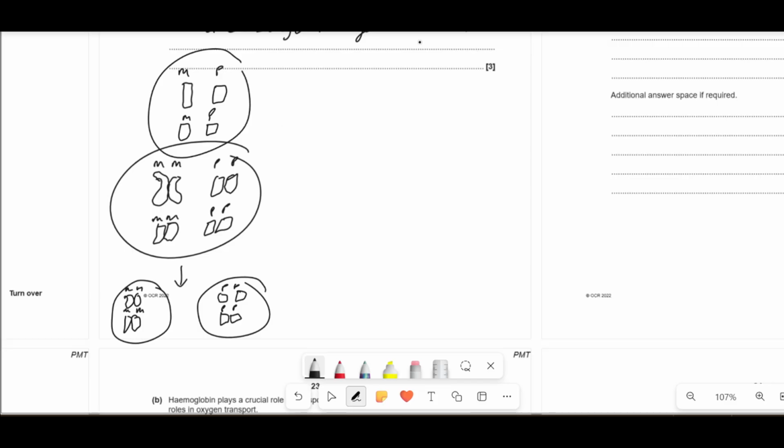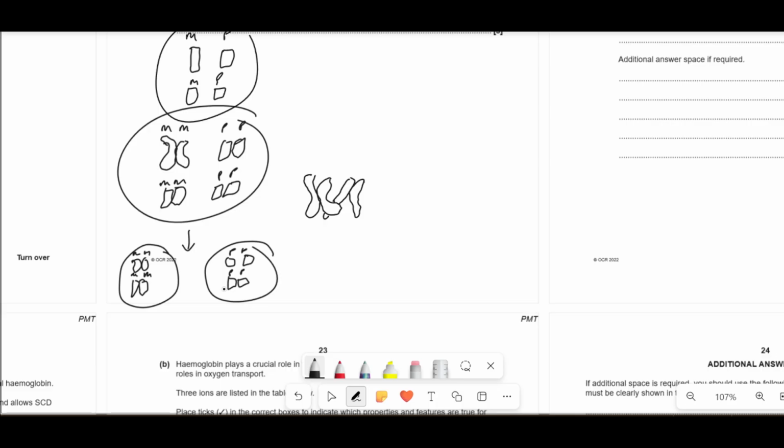And what also happens in that first division is you've got crossing over. Otherwise, you just have the identical things passed over. So if we zoom in on them, maternal and paternal here, they'll cross over and exchange bits and bobs like alleles, and then they make these new things. That's one way we get genetic variation.